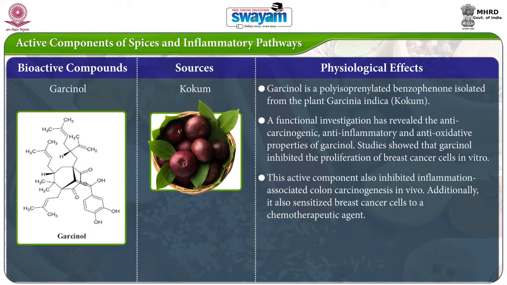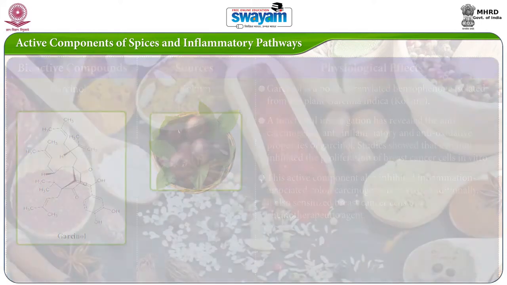Studies showed that garcinol inhibited the proliferation of breast cancer cells in vitro. This active component also inhibited inflammation-associated colon carcinogenesis in vivo. Additionally, it also sensitized breast cancer cells to chemotherapeutic agents.